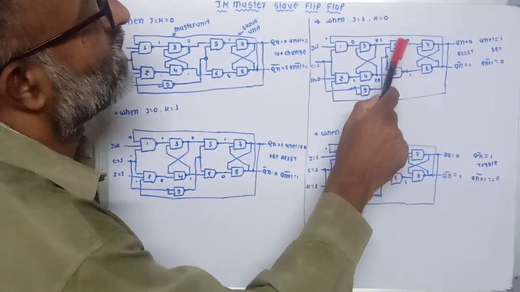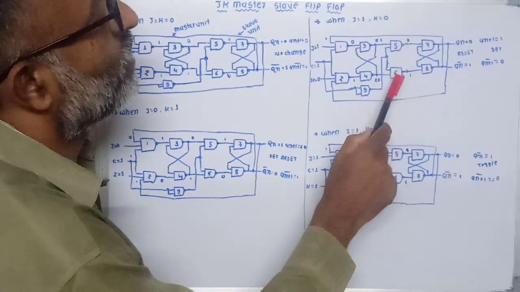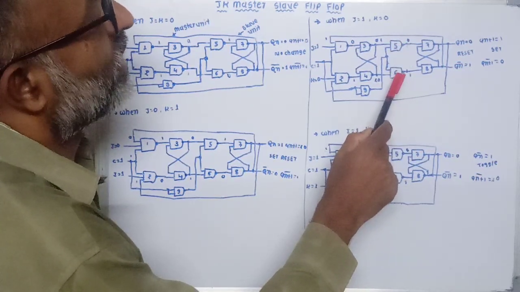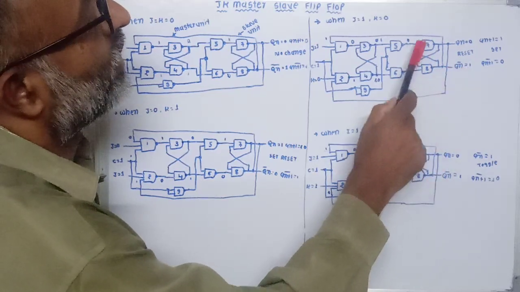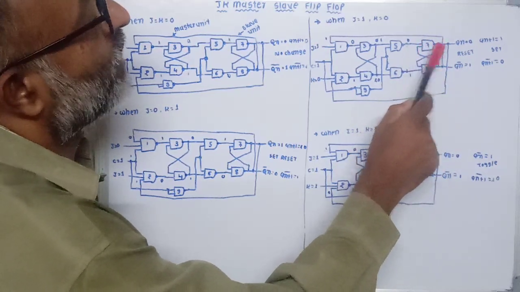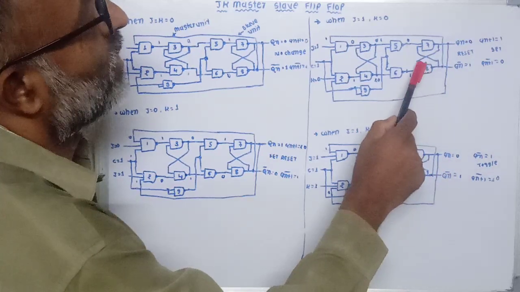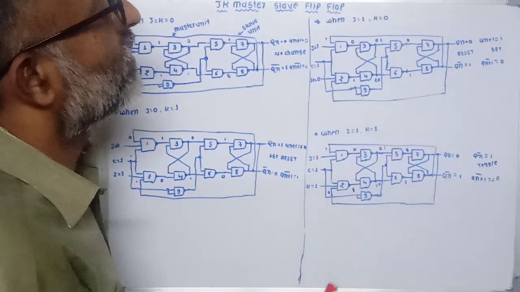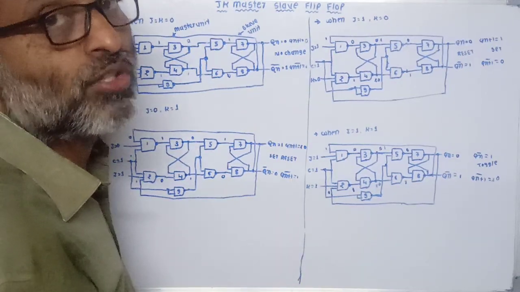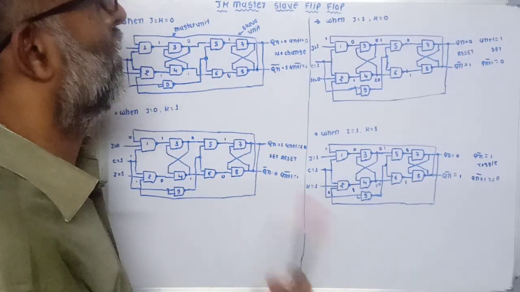So the output of NAND gate number 5 becomes 0 and NAND gate number 6 is 1. Now here you can say that 1 plus 0, 0 and 1. 1 is available here. 1 plus 1, 1, 0. In this condition, our flip-flop moves into the set condition.